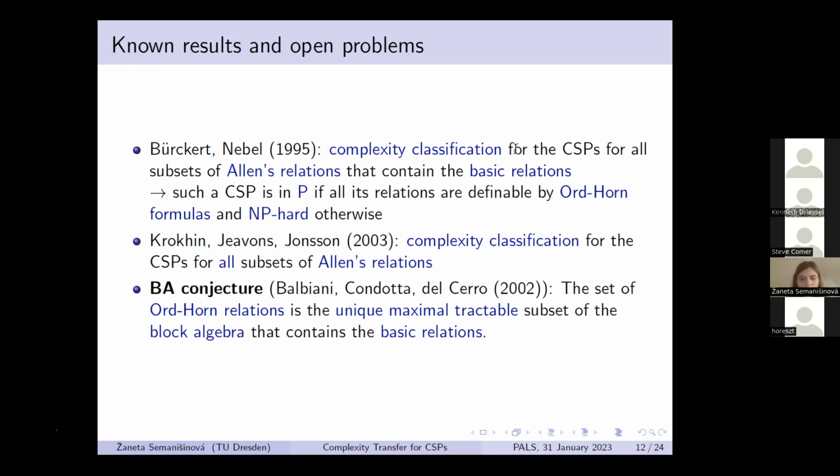So this is a very similar situation as we had for cardinal direction calculus. The conjecture was saying that what's tractable, what's in polynomial time, is what's definable by Ord-Horn relations, and the rest should be NP-hard.